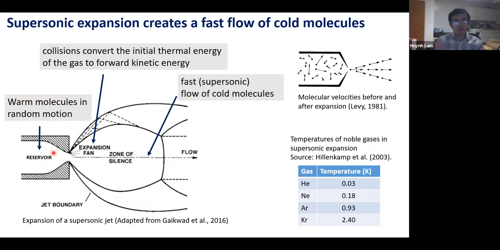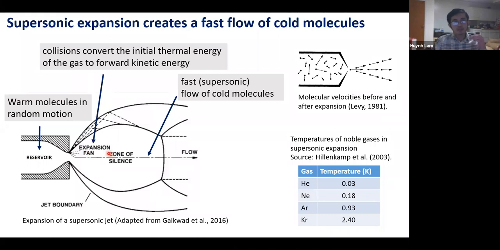When the molecules reach the nozzle, if the diameter of the nozzle is much larger than the mean free path of the molecules, then during the expansion these molecules will collide with each other. During the collisions, the initial thermal energy of the gas is converted into forward kinetic energy.